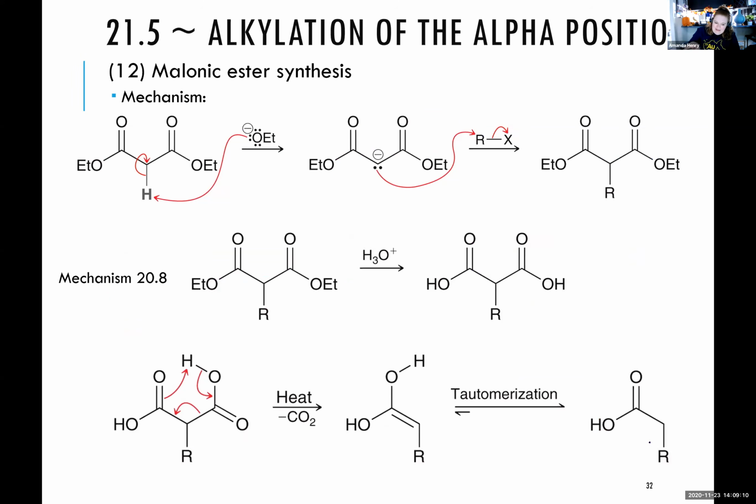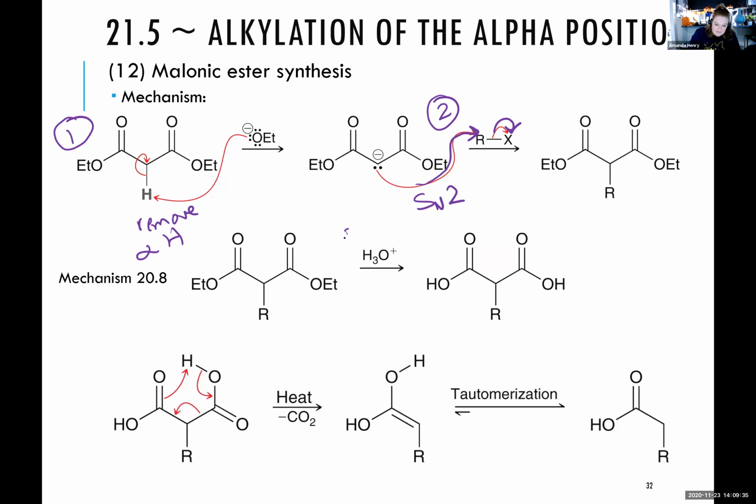Here's kind of a mechanism. I say kind of because we're cheating a little bit in the middle. But this is step number 1. We're using the base to remove that alpha hydrogen. Step number 2 is that SN2 reaction. So we're doing a nucleophilic attack, loss of a leaving group.